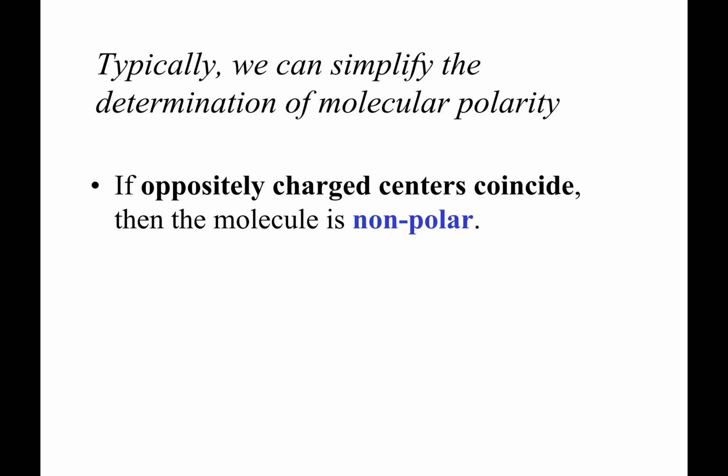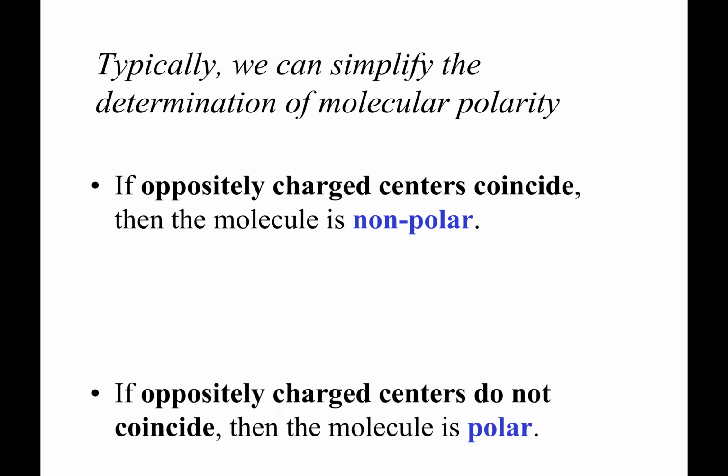So, kind of some generalities. If you find the center of positiveness and the center of negativeness, and they lie in the same place, then they annihilate each other. So the whole molecule is neutral, nonpolar. The net dipole moment is 0 if they coincide.